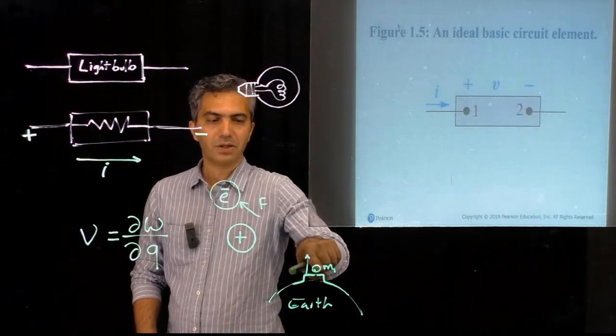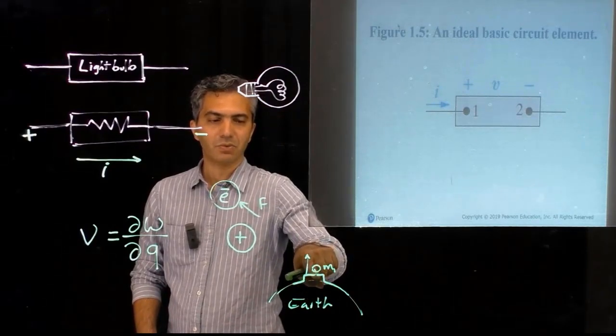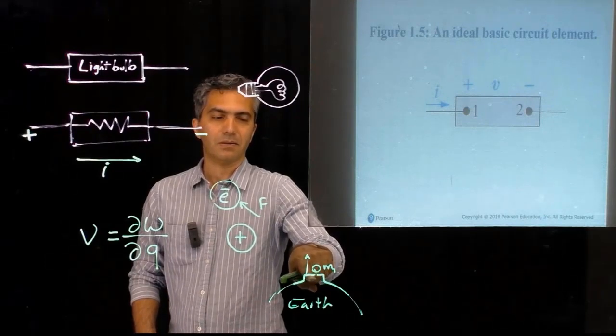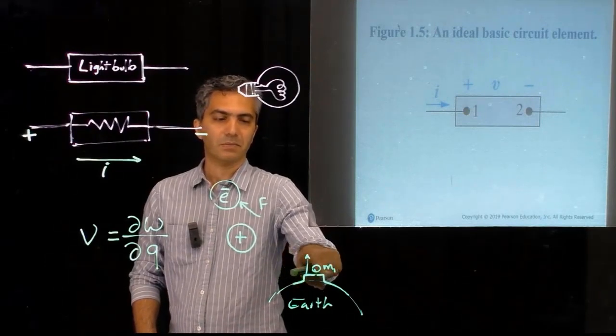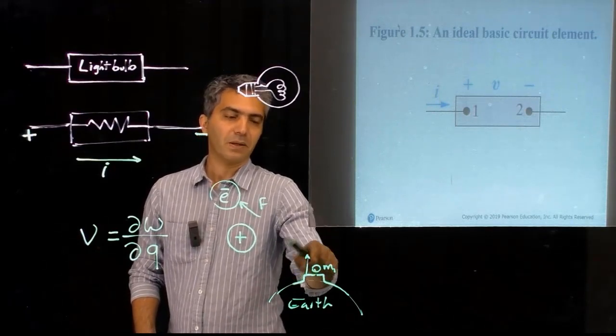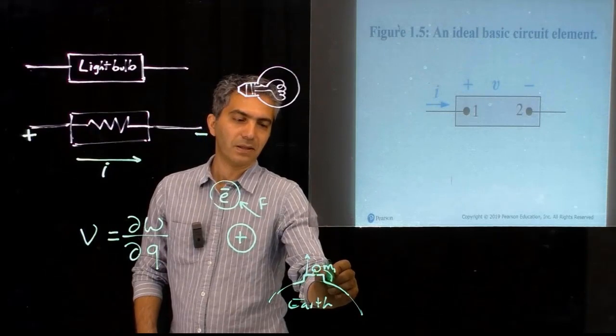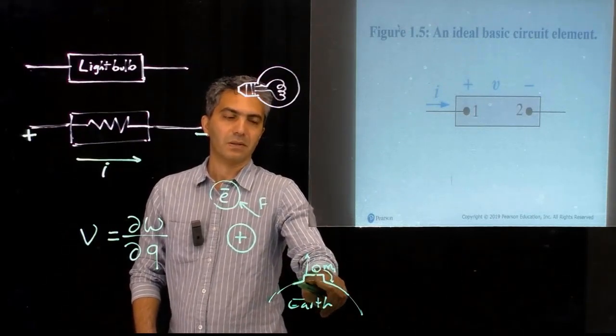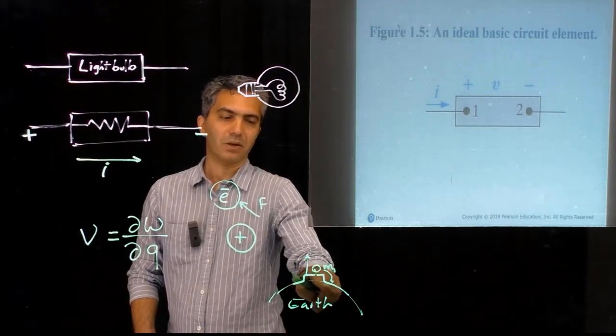Now, the potential energy of this mass with respect to the top of this raised region is something, and that's different than the amount of energy with respect to the lower part of this raised area on Earth.